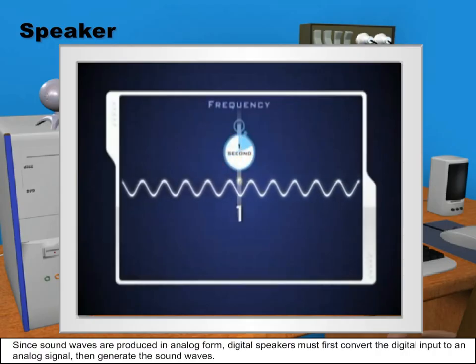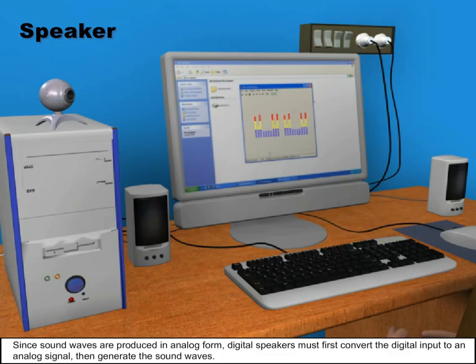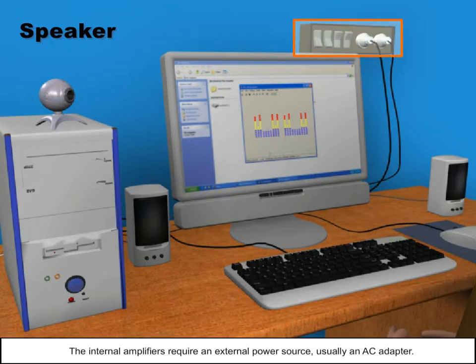Since sound waves are produced in analog form, digital speakers must first convert the digital input to an analog signal, then generate the sound waves. The internal amplifiers require an external power source, usually an AC adapter.